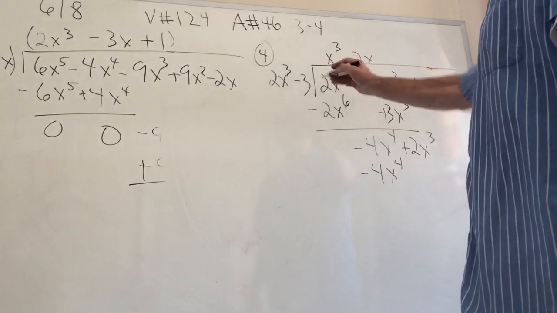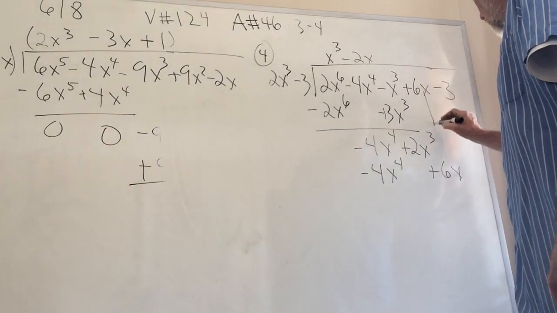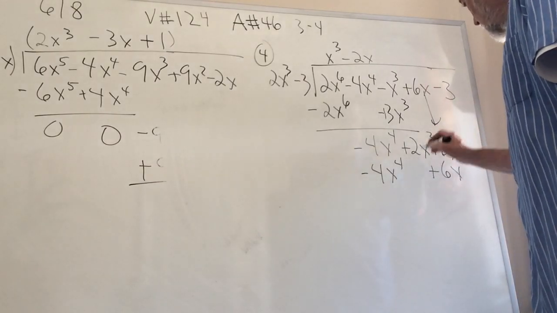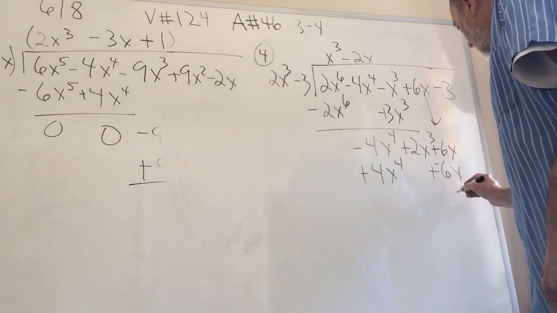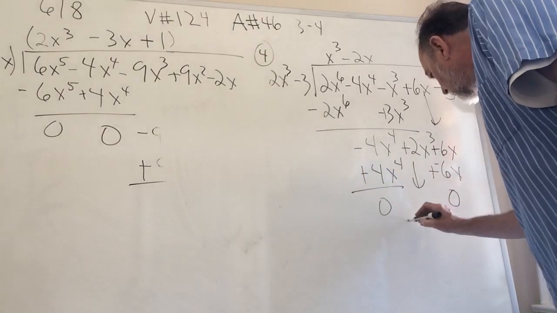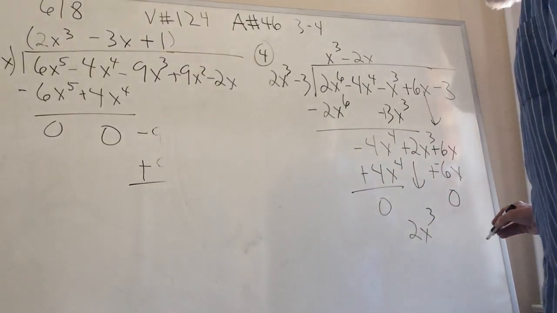Then we get here, we get plus 6x, which of course goes with this. So I brought this down, okay? See how I matched it up there? Opposite, opposite. So this goes away, and this goes away, and then you bring down whatever, just like you would in normal math, by the way.